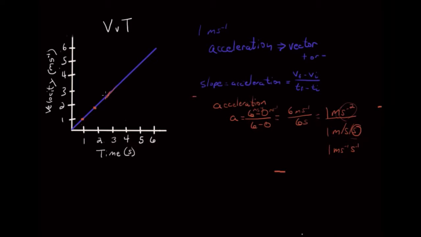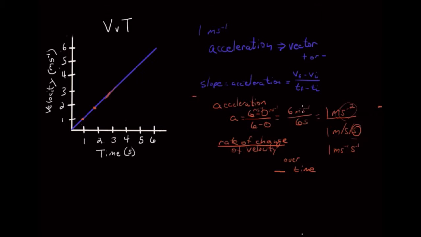Okay, so that is how the slope represents the acceleration. The acceleration is the rate of change of velocity. And you may know this, but every time you see rate of change, you're talking about over time, right? So rate of change of velocity is the change of velocity over time.